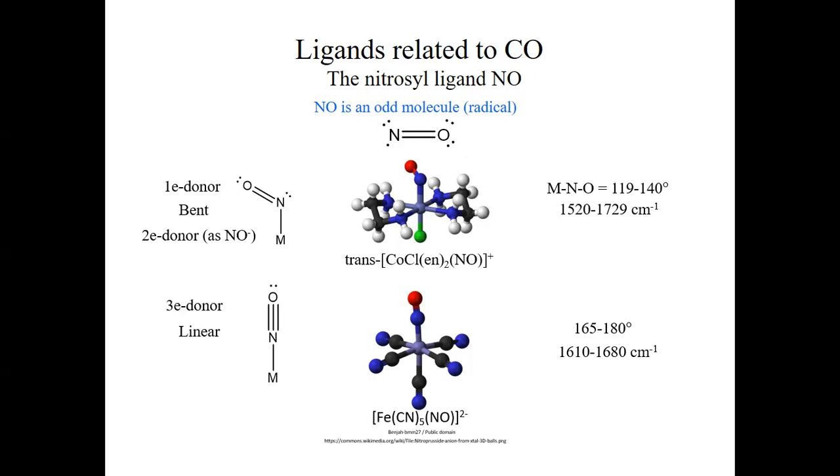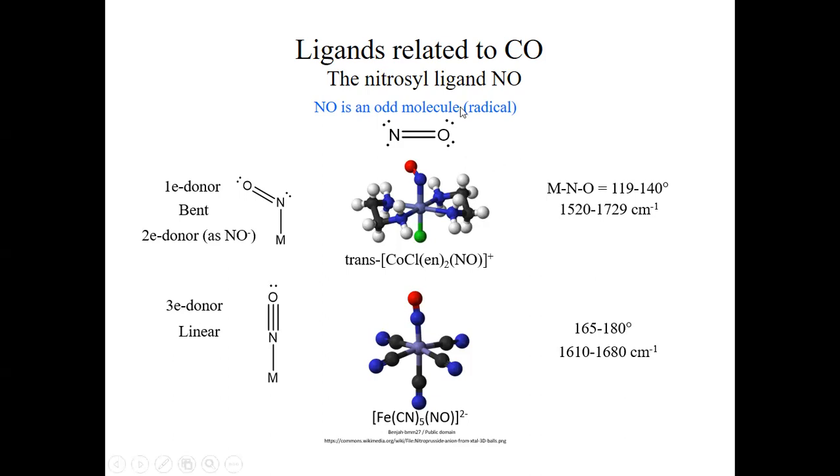So there's another view on that. We could also explain this bent structure a little bit in a different way. We could say, well, in this case, we assume that our ligand is not a neutral nitrosyl ligand, but an NO minus anion.